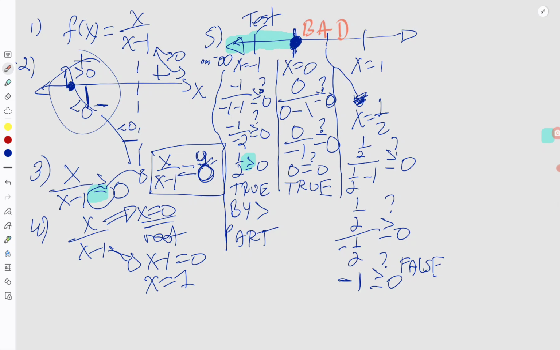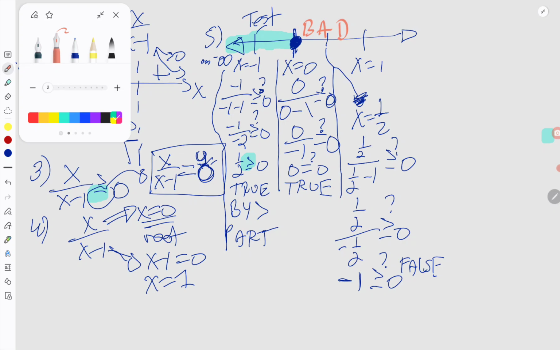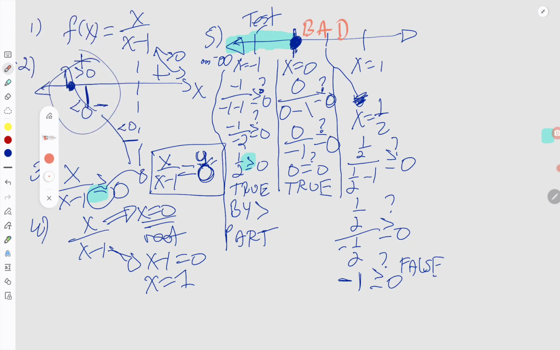So this part here is bad. Look at the picture. Between 0 and 1, that part is bad. What about 1 itself? Let me get back to my pen here. Alright, there it goes. Now, 1 itself, back in the picture, is definitely bad, because remember, that's the vertical asymptote. That's 1 over 1 minus 1, that's 1 over 0, which is bad, correct?